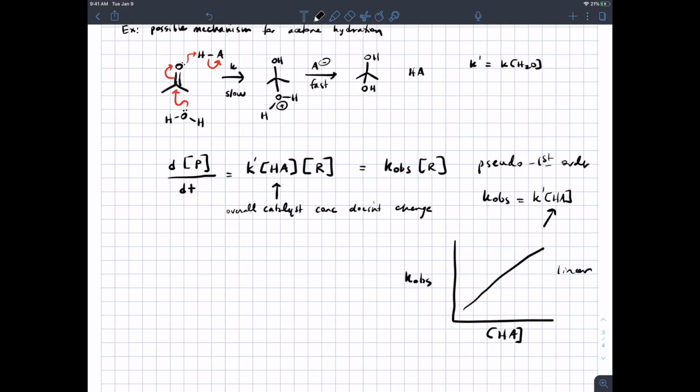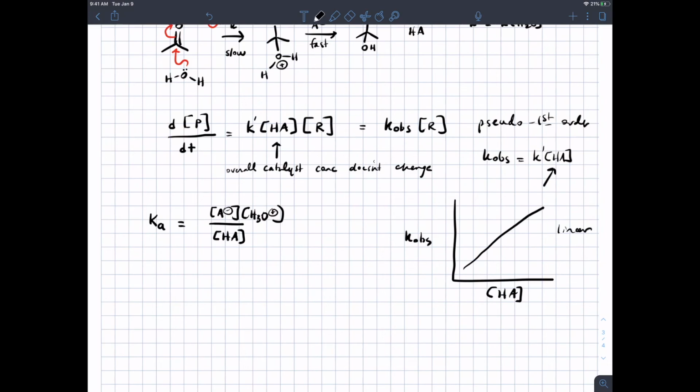Now, one thing we should be aware of is the fact that pH can matter here too, because the concentration of HA that's available to you does depend on the amount of hydronium present in solution. All right?